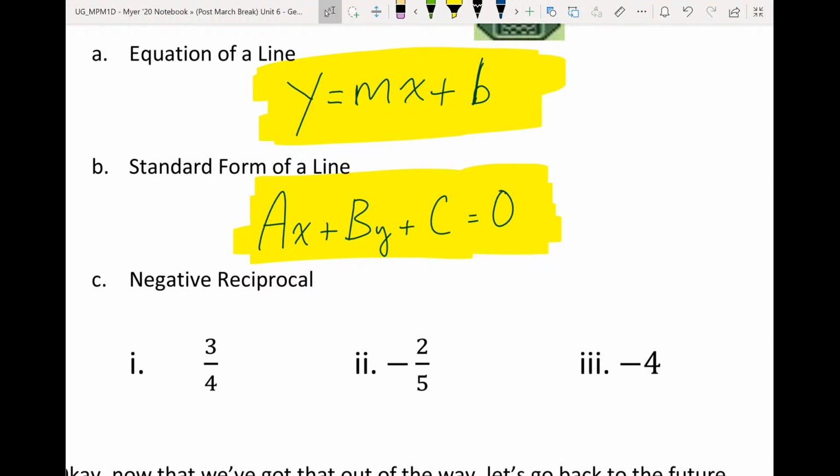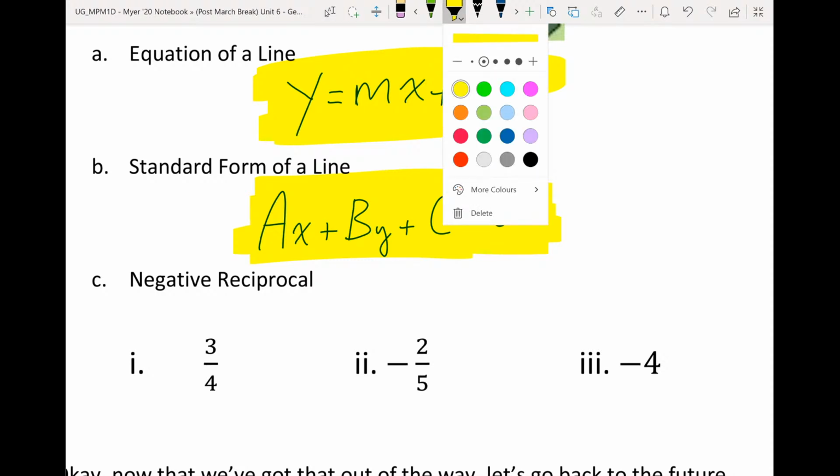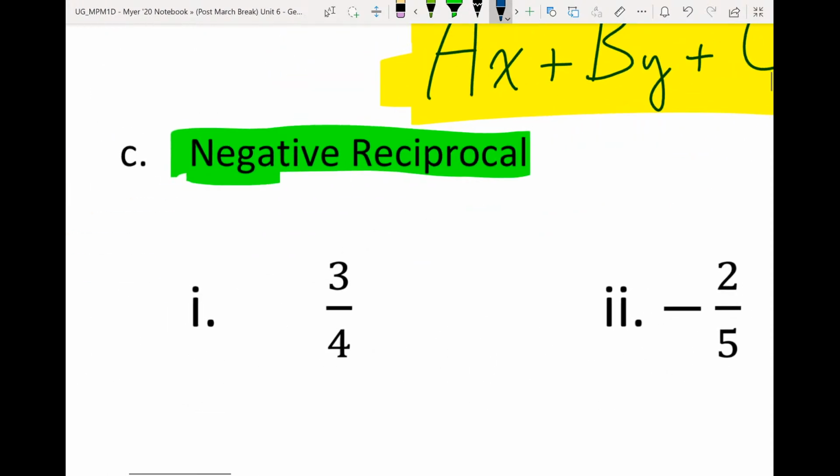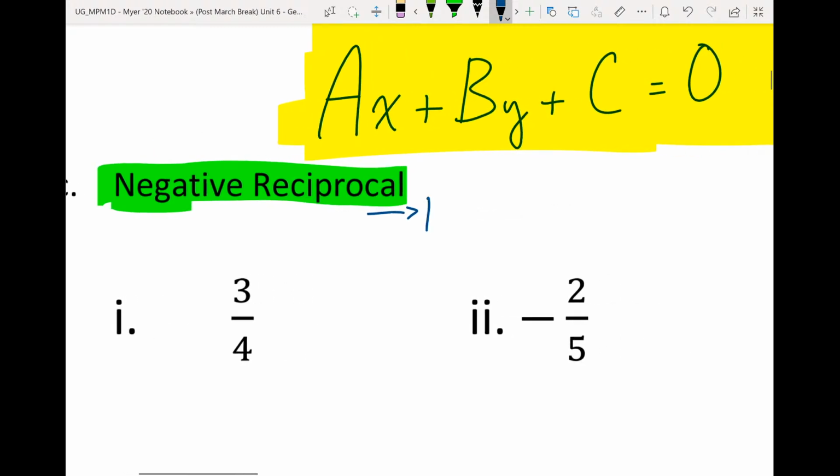And then there's this last idea, something called a negative reciprocal. We've never seen this, I don't think, in our course, but maybe you've seen it in a different grade. Anyone know what that is?